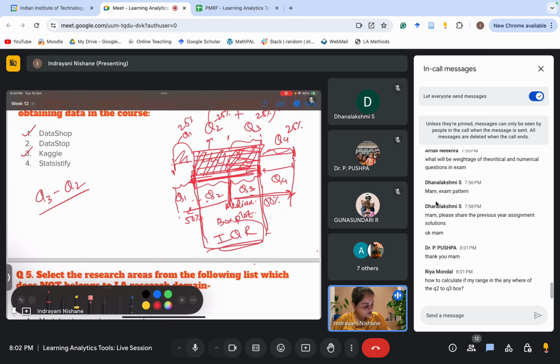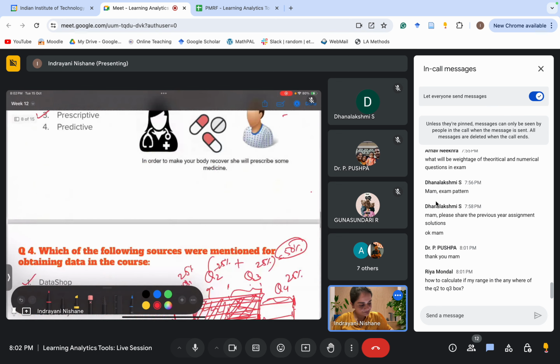So the difference between Q3 and Q2 is IQR or interquartile range. Okay.